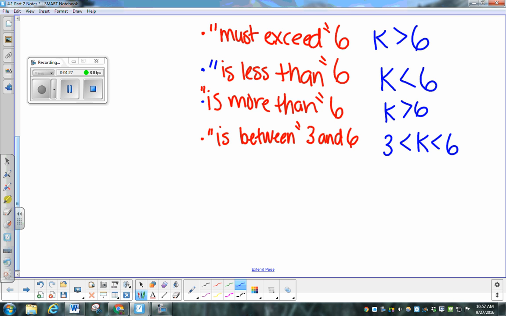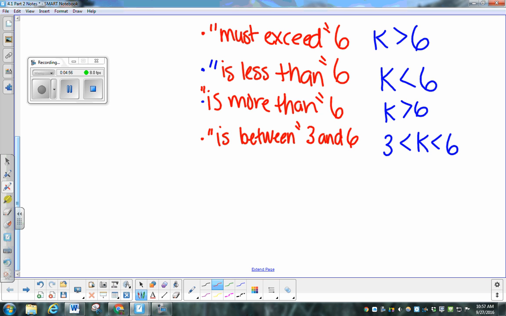It's any number between those, but not including those. So we don't want to put the "or equal to" symbol next to the 3 or the 6. It could be 3.0000001, could be 5.9999999, a little bigger than 3 and a little less than 6, but it can't hit those numbers. If you want to include those numbers, you can say it's between 3 and 6 inclusive. That would mean it would include those numbers.